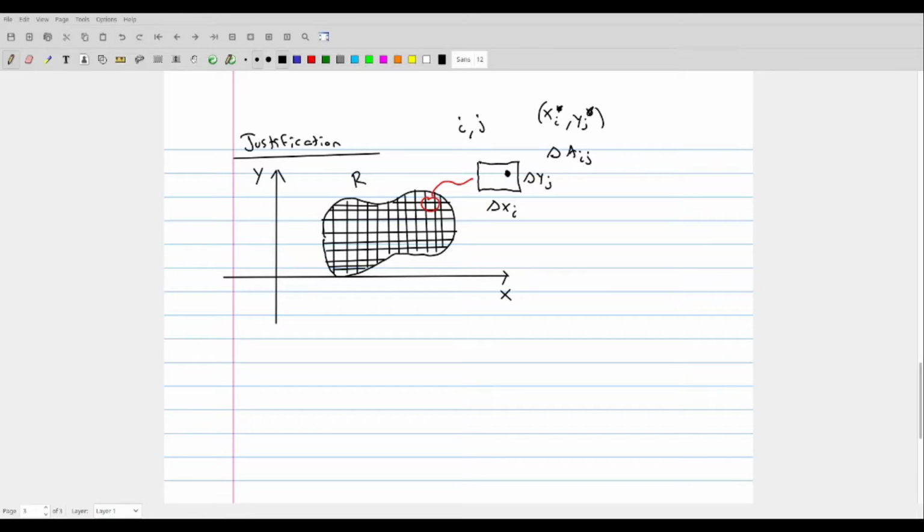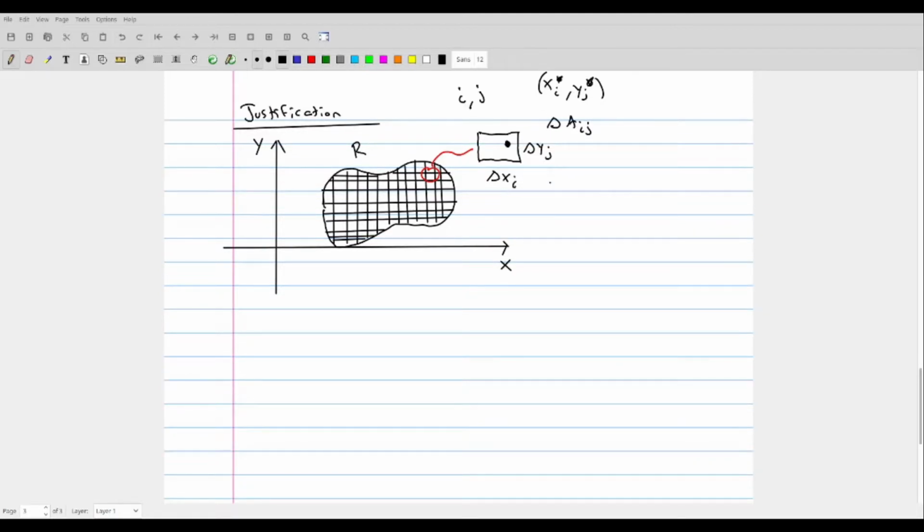So in the limit, as these rectangles get smaller and smaller, you'll remember that the Riemann sum approximation for the double integral of the density function is going to be an approximation to the mass.